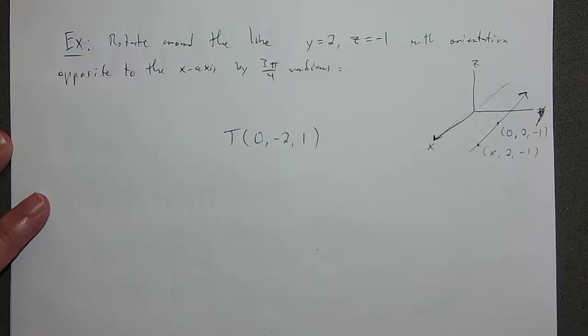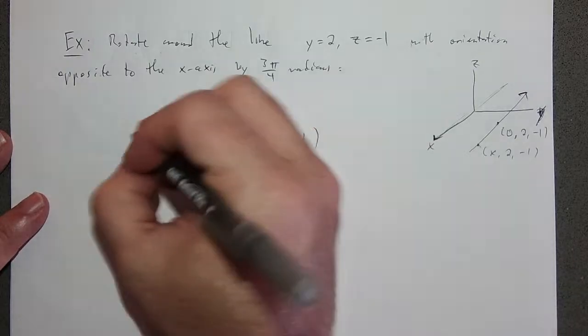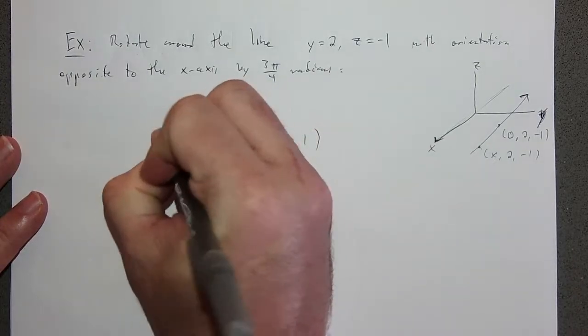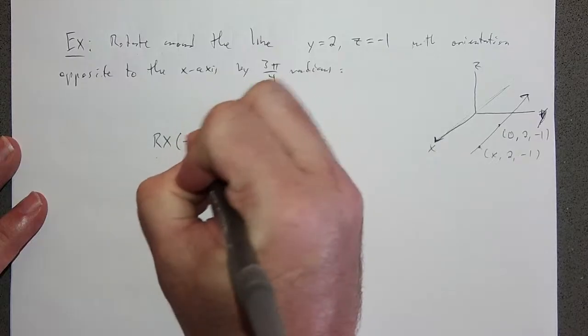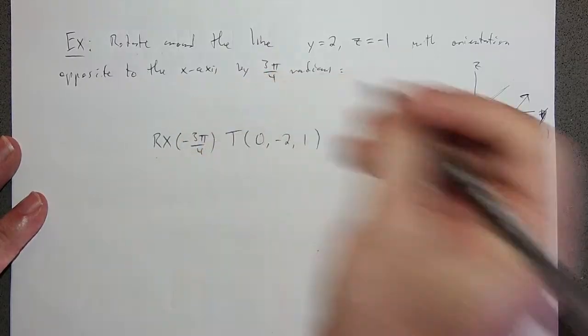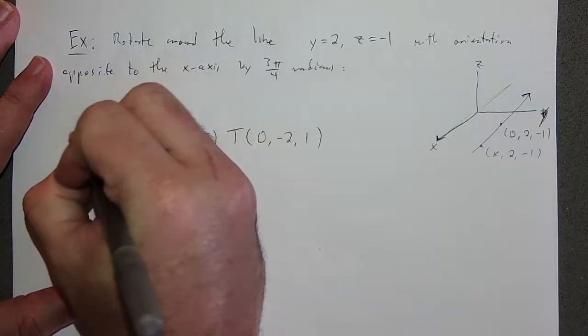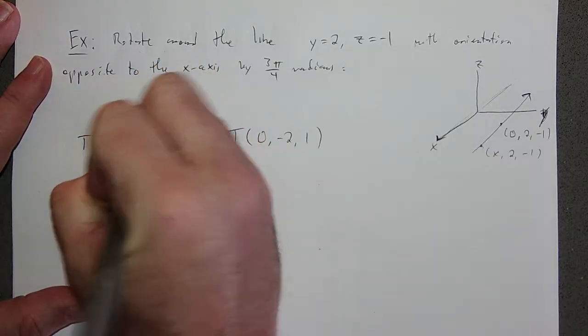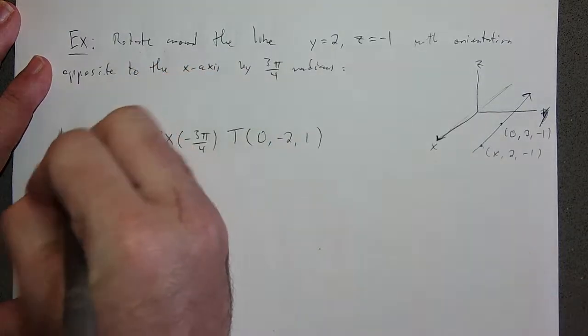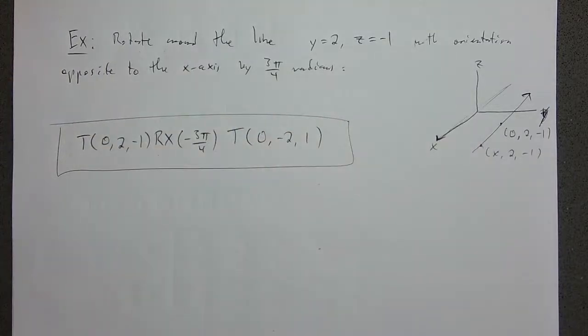The minus sign is going to be determining the orientation here. So this would be our x of minus 3 pi over 4 radians. That would be the matrix transformation that I use. And now I shift back. And so again, I have a product of 3 matrices, and this will do it. I'm not going to multiply those out, but that's exactly what you would do.